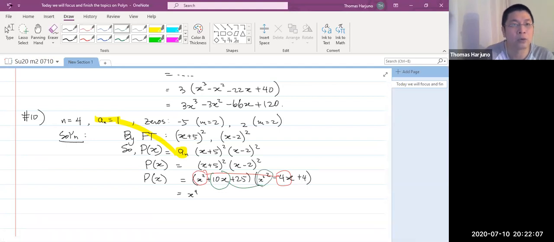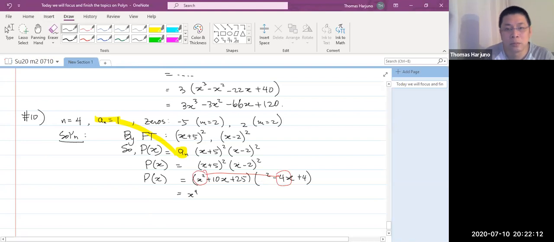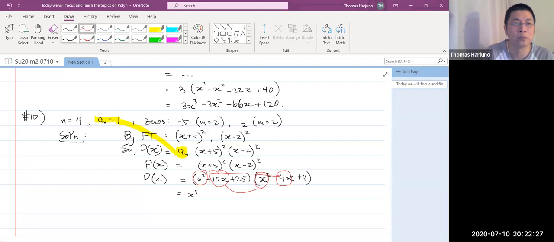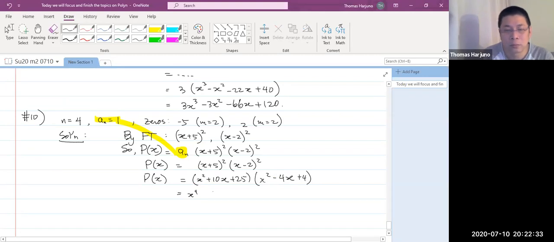Oh, I have double x squared. So I get negative 4x cubed plus 10x cubed. That will be plus 6x cubed.